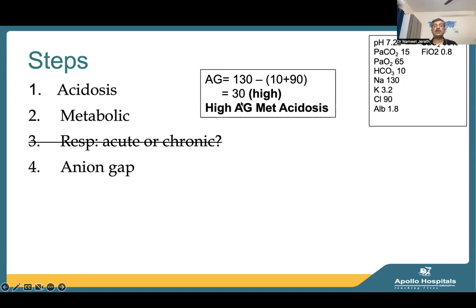So the anion gap here is 30, which is a high anion gap metabolic acidosis. What is also important to realize is that the albumin is low, and low albumin tends to underestimate the metabolic acidosis. So the anion gap is actually even higher. But let's stick to this 30 as a high anion gap metabolic acidosis.